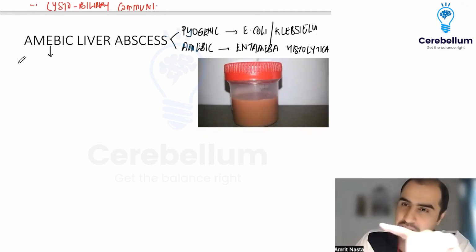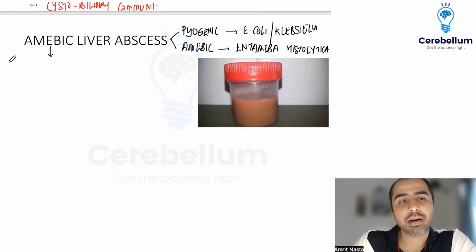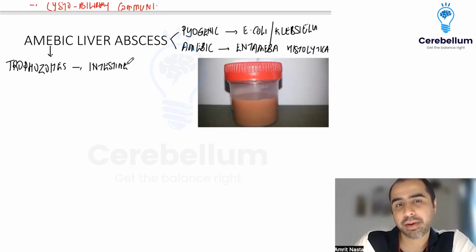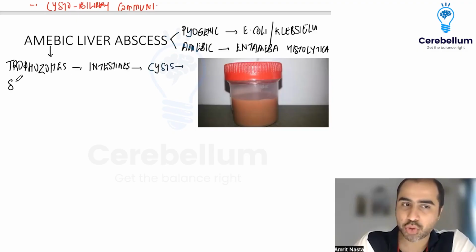So normally, how does the parasite spread? The parasite, which is called the trophozoite, that is the reproductive form, lies in your intestines. And from your intestines, they release some cysts, and these cysts are passed in your stools.